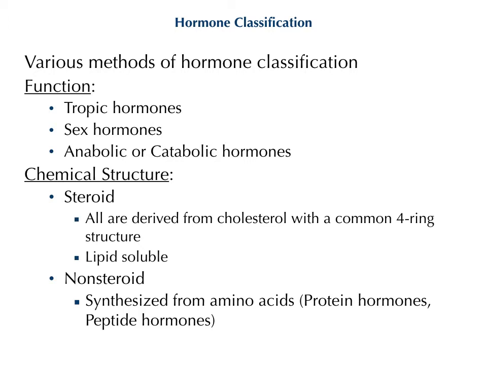They are lipid soluble, meaning they move well through cell membranes but don't move so well in aqueous solutions such as blood or plasma. Your non-steroid hormones are primarily synthesized from amino acids, and depending on how large they are, we classify them as protein hormones, or if they're smaller, as peptide hormones. You even have some that are just simple amino acid hormones.